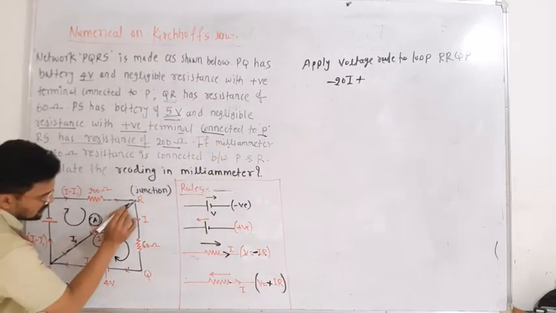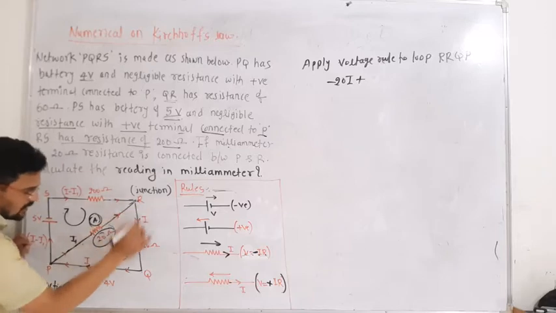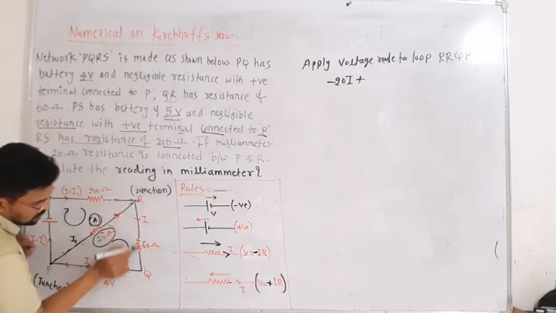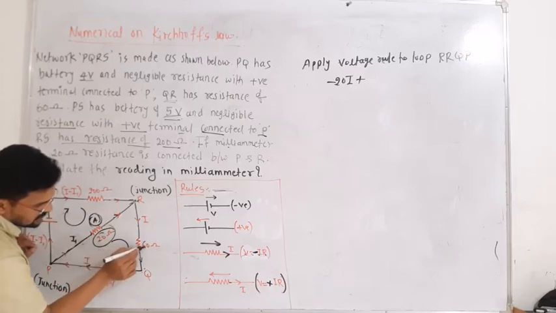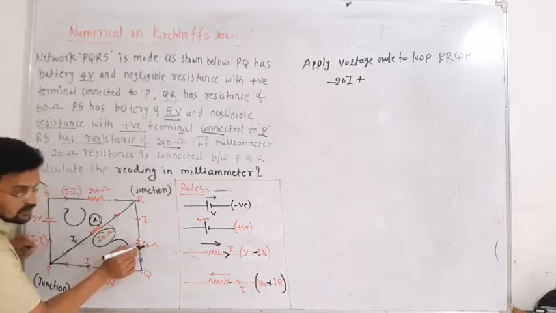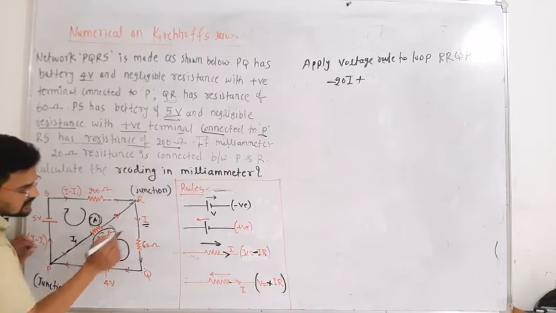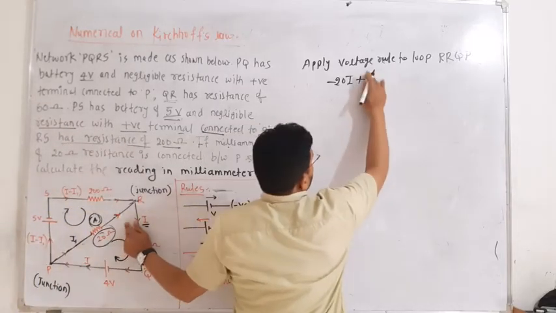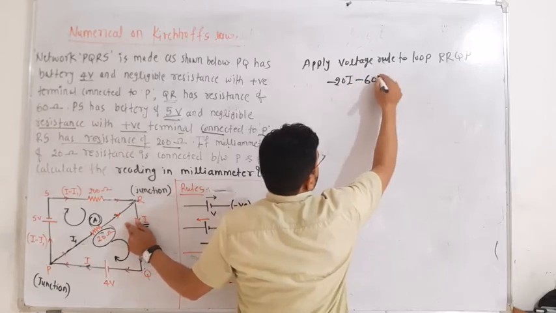Now move towards this side, from P, R, Q, P. The current is also moving in the same direction, and there is 60 ohm of resistance with current I itself, so you get minus 60I.